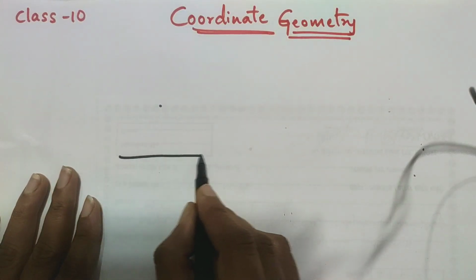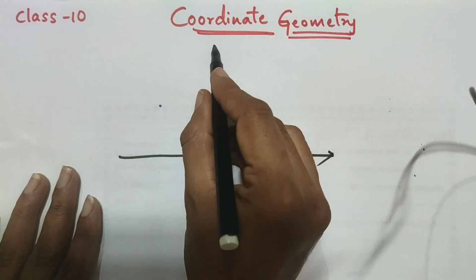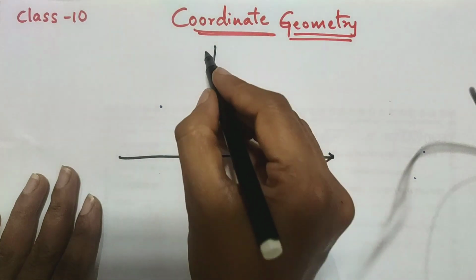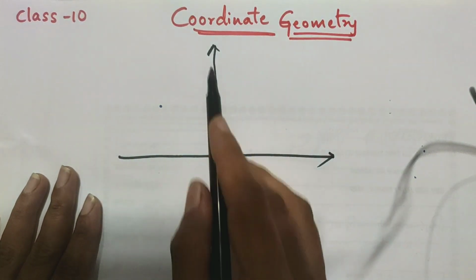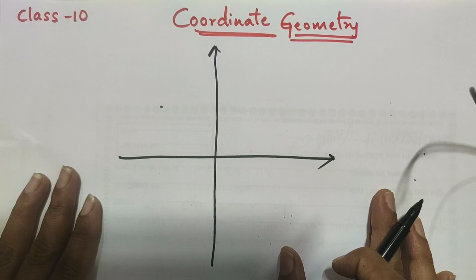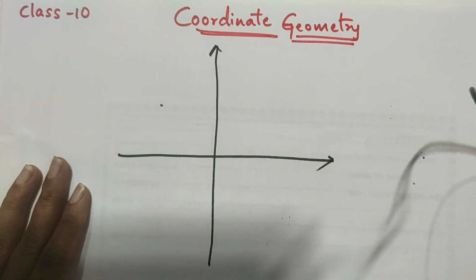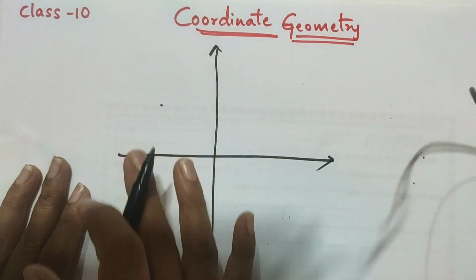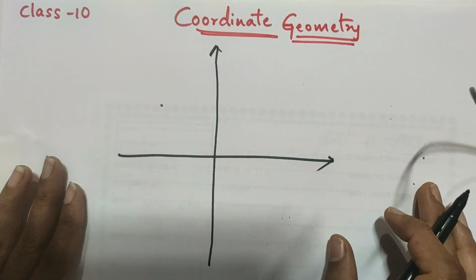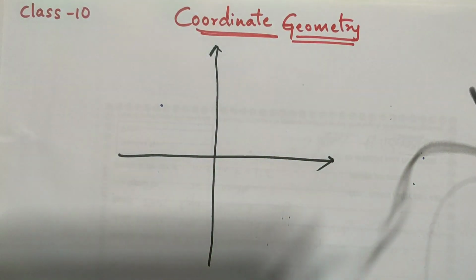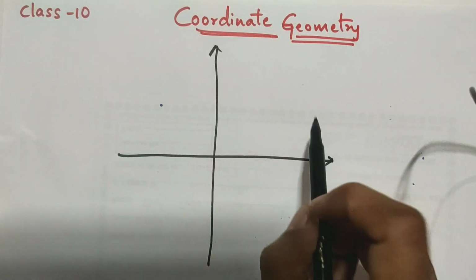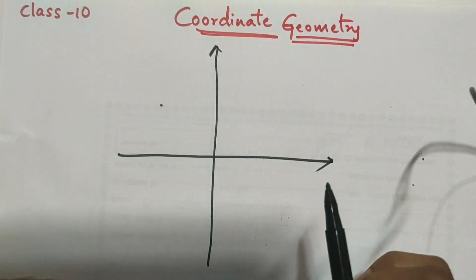For example, this is one number line and this is another number line. They are perpendicular to each other. In these mutually perpendicular lines, we take a point with respect to these lines. That is what we call coordinate geometry.